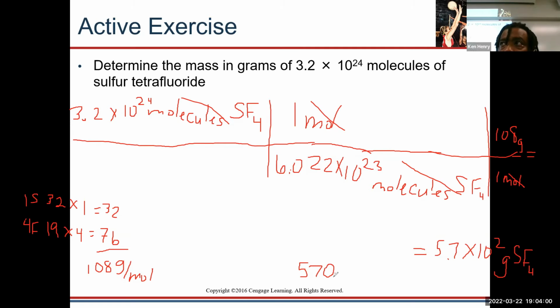So I'm moving the decimal point over 2 spots, so it would be 5.7 times 10 to the second power. Or you could have just said 570.